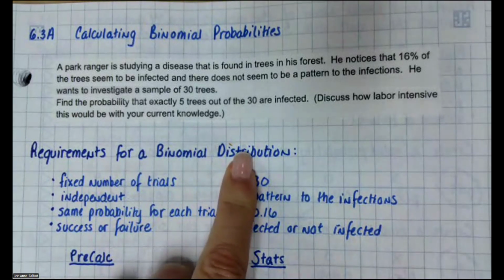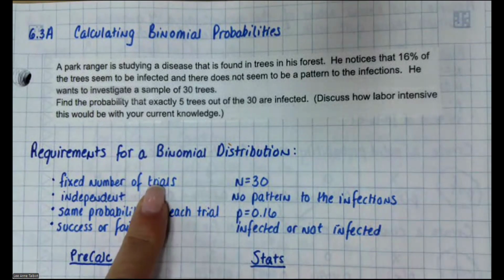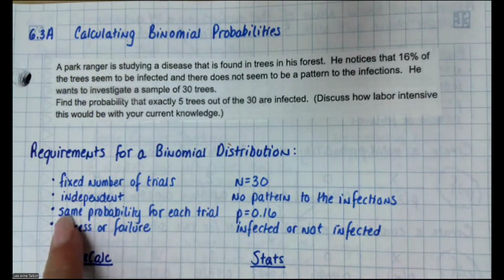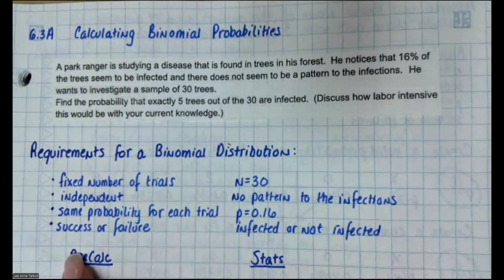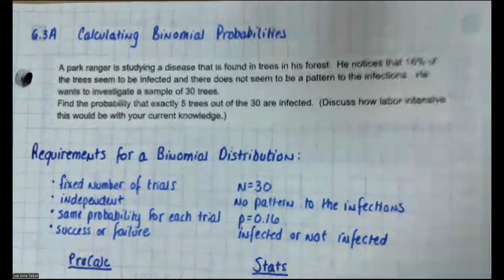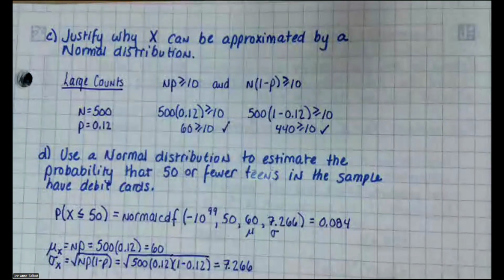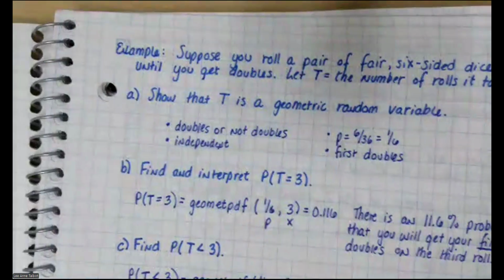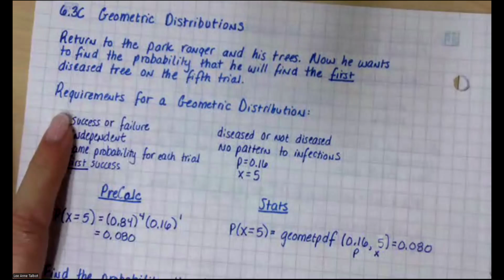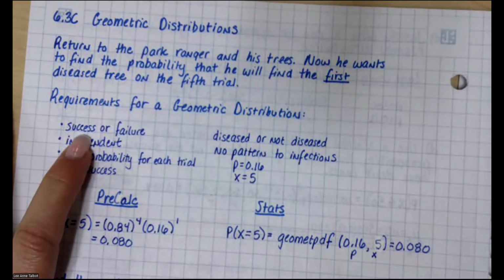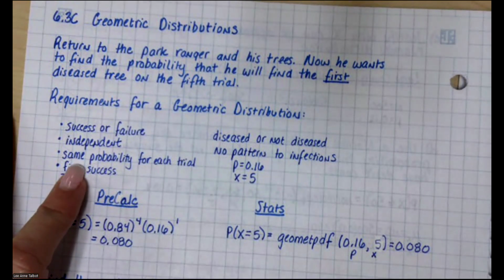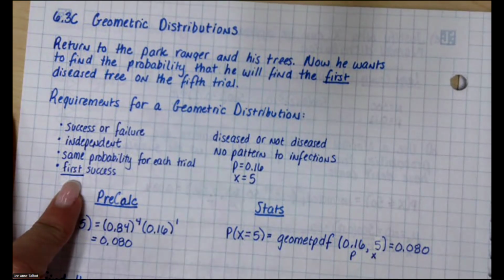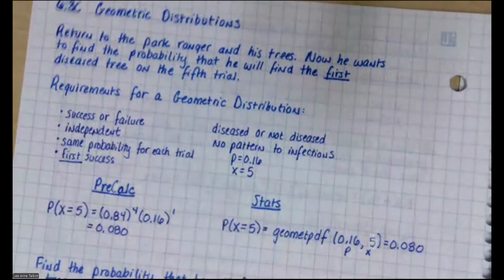Requirements for a binomial distribution: fixed number of trials, independence, same probability for each trial, success or failure. However, geometric. Requirements for a geometric distribution: success or failure, independent, same probability for each trial, first success. Let me ask you again. Is it binomial or geometric? Geometric.